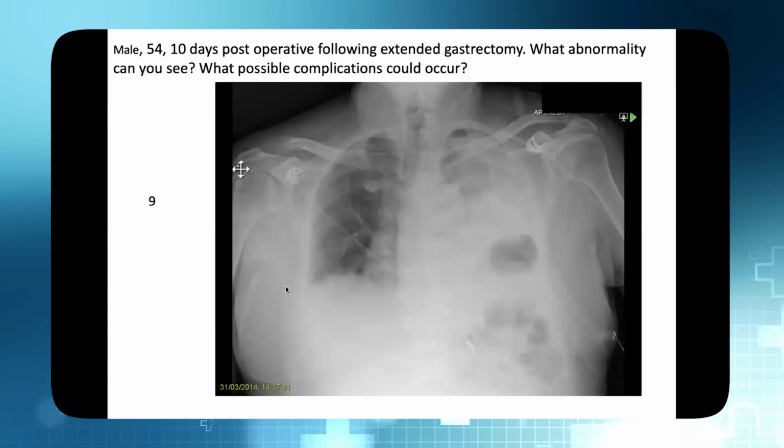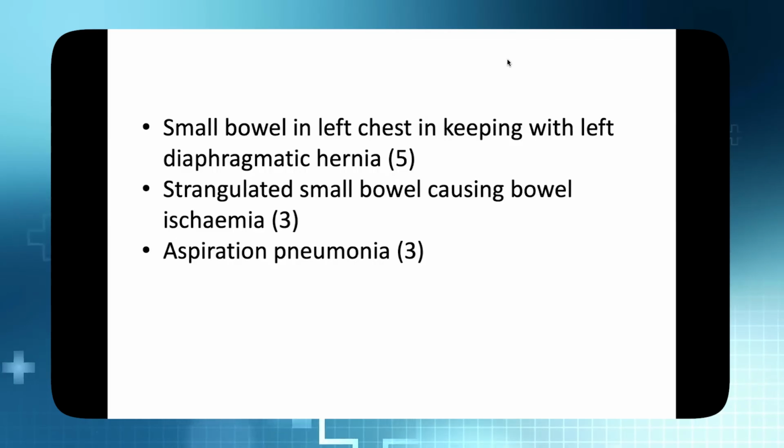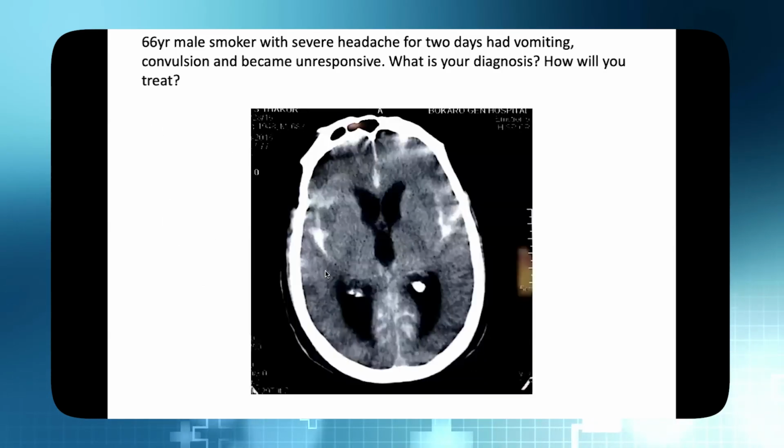At that time the question was a 3-pointer, 2-pointer, and 5-pointer answer, but nowadays all are 1-mark answers. That's why it is giving 5 points, 3 points, and 2 points. Small bowel in the left side of the chest, strangulated small bowel ischemia, aspiration pneumonia.